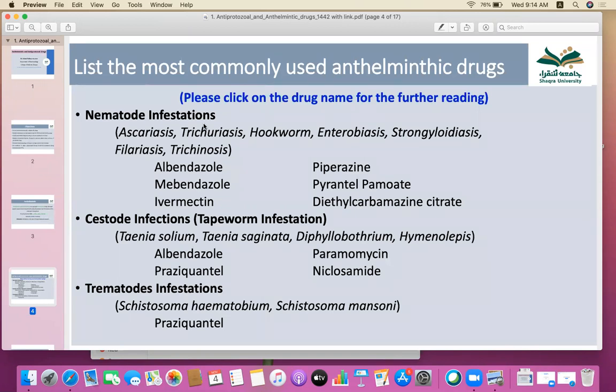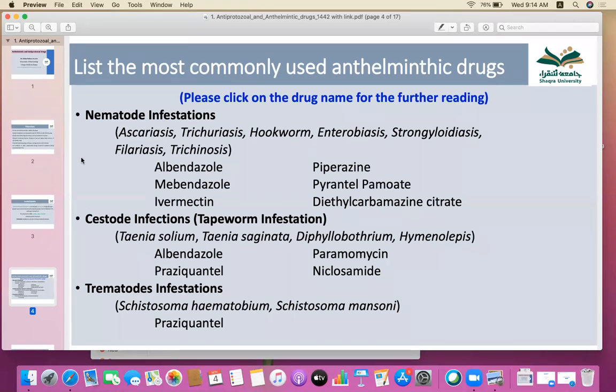And the drugs which are used in the treatment of these nematode infestations are albendazole, mebendazole, ivermectin, piperazine, pyrantel pamoate, and diethylcarbamazine citrate.